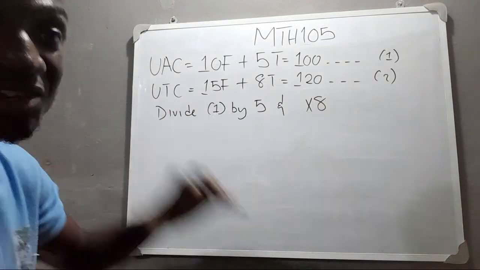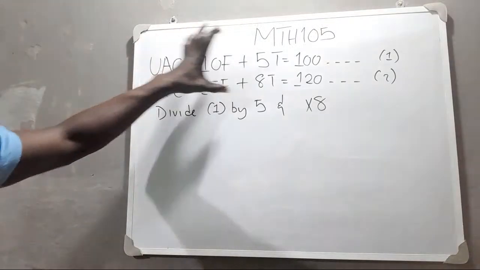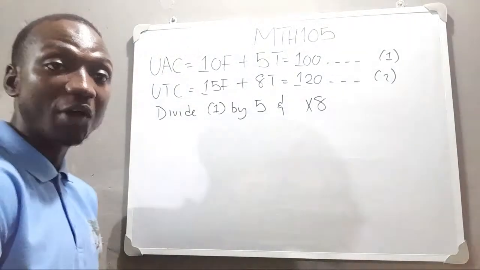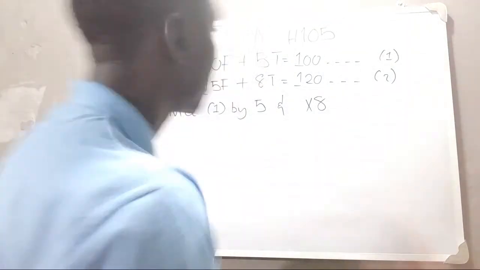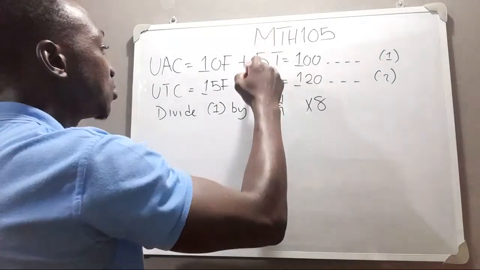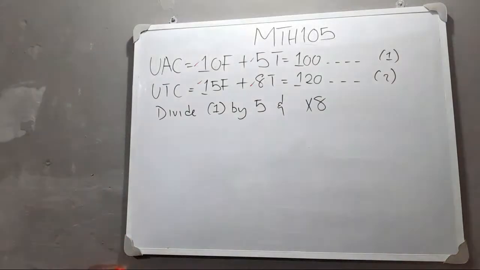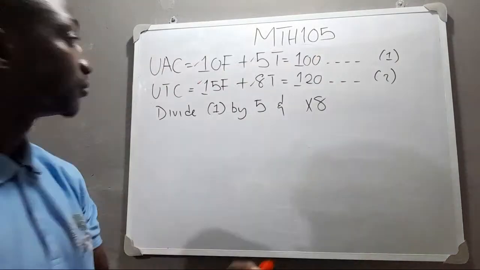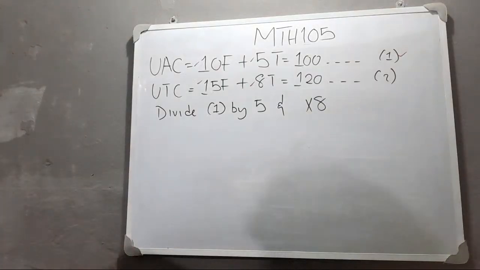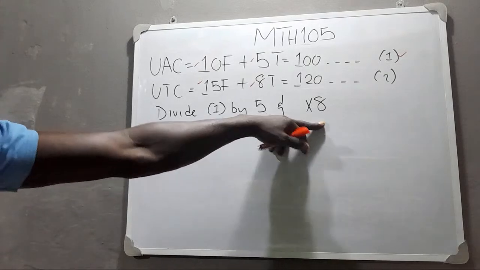We are using this elimination method, but we have to have either of the coefficients as equal. So how do we arrive at this? We have to divide equation 1 by 5, and then multiply the same equation by 8.